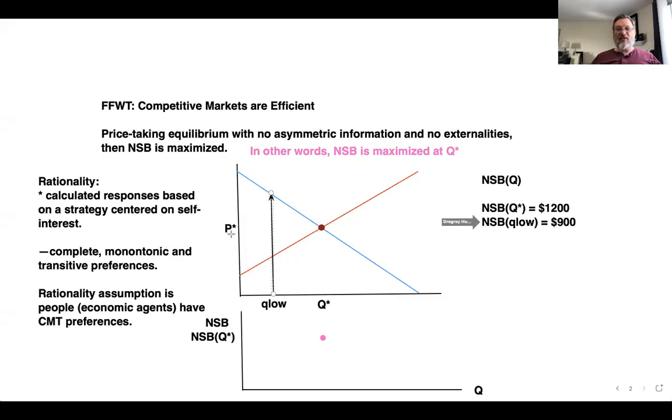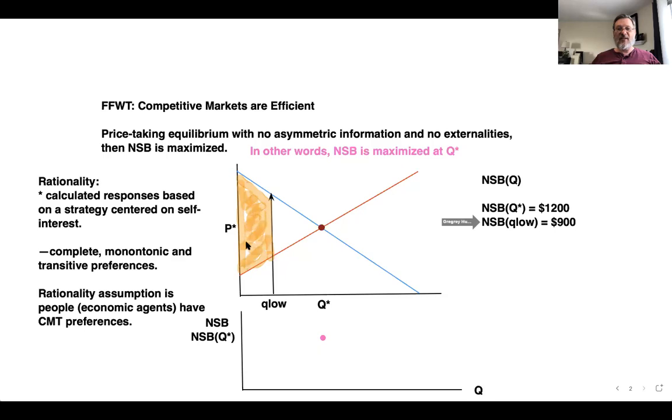then I have this region, right? So I'm stopping production at some low quantity, and then I can recompute total surplus. Again, it's going to be the area between demand and supply, up to that quantity where I stop production.